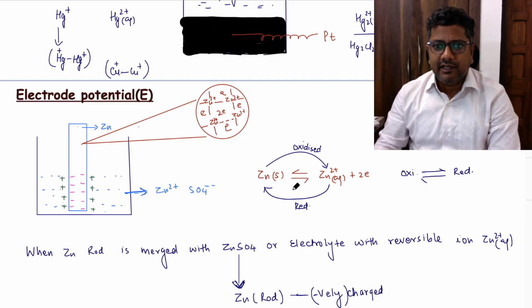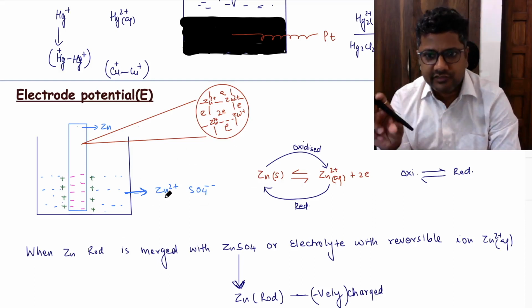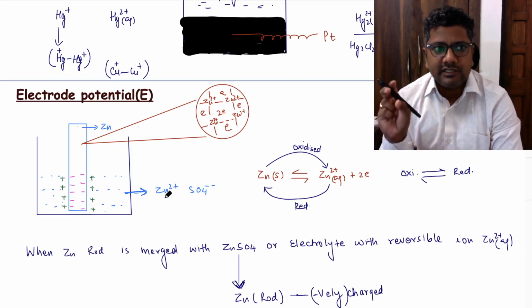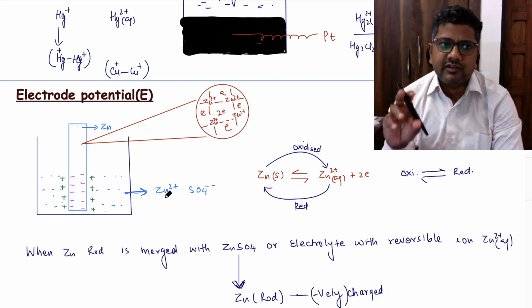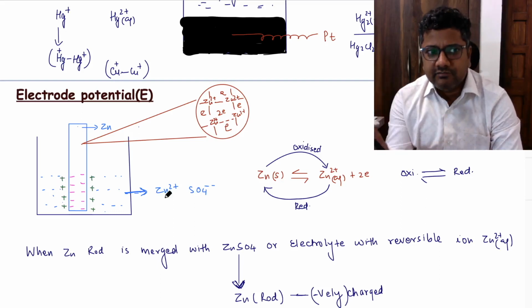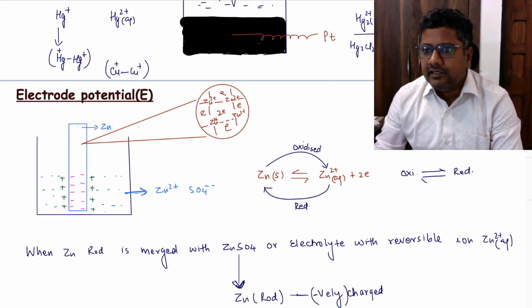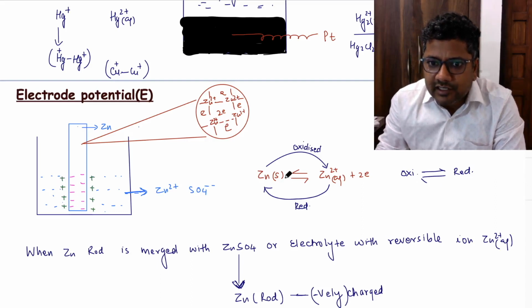So basically when this zinc rod is placed in a zinc sulfate solution, a spontaneous oxidation reduction reaction starts. Initially the rate of oxidation and rate of reduction is different. After some time equilibrium is established, and at equilibrium the equilibrium is shifted in the forward direction.